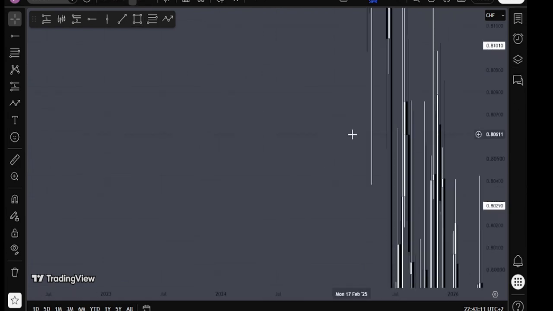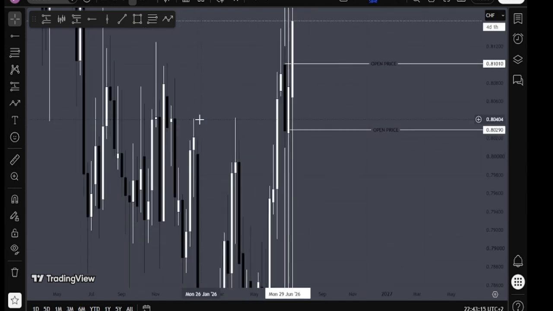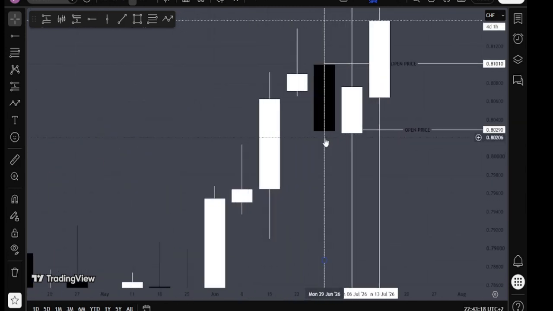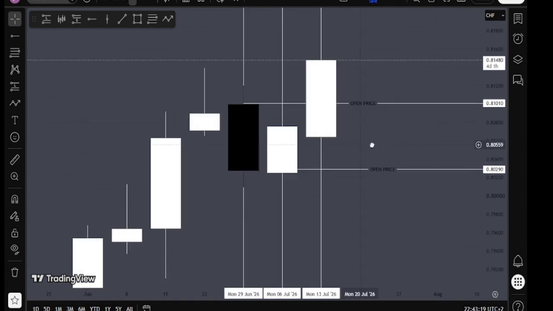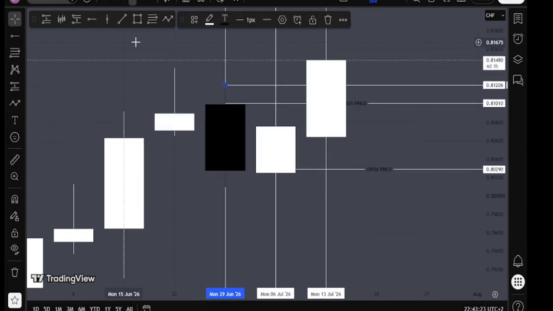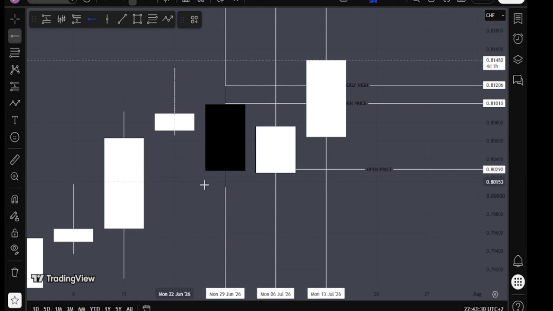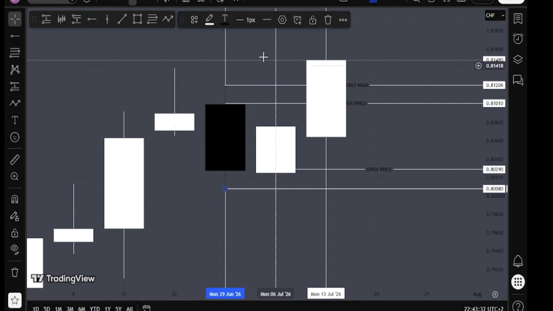When you're looking for weekly buys, you mark the weekly high and weekly low. So let's just mark here the weekly high and weekly low.